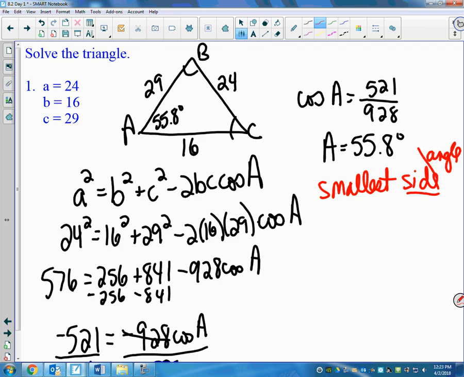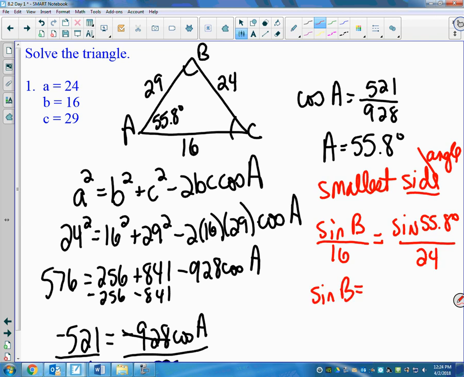So I'm going to switch back to law of sines. So I'm going to say the sine of B over 16 equals sine of 55.8 degrees over 24. And again, you can do this all at once on your calculator, or you can do it and then do inverse sine. I'll show my steps here.